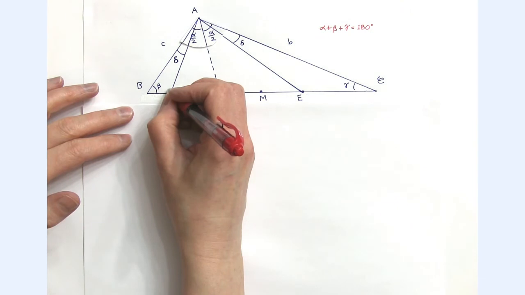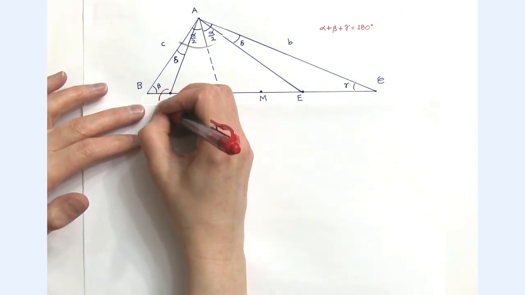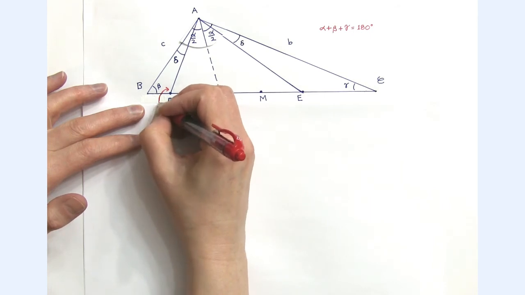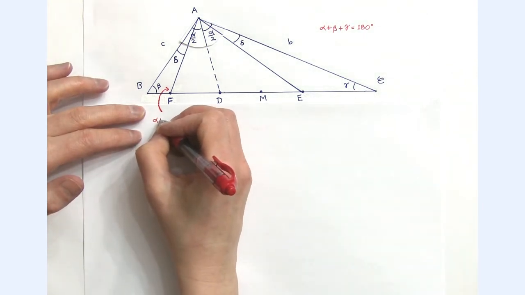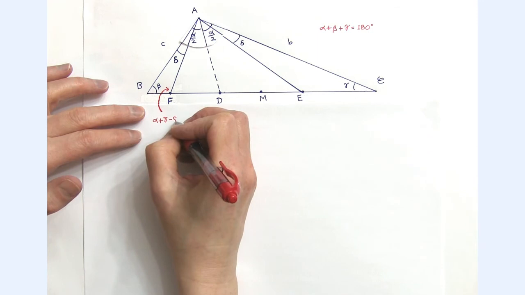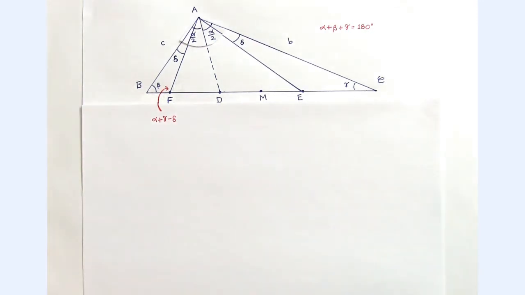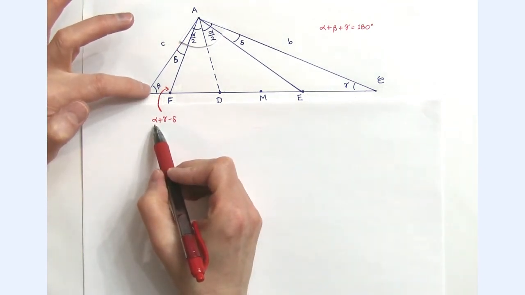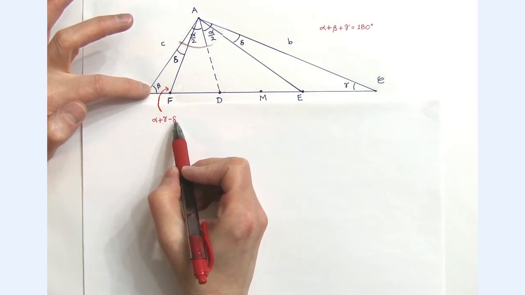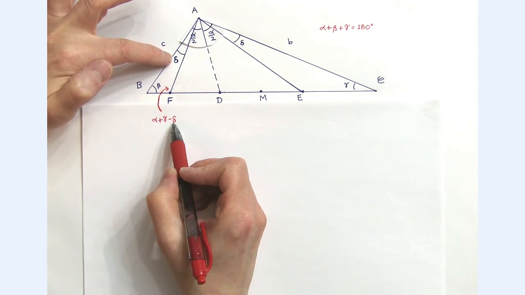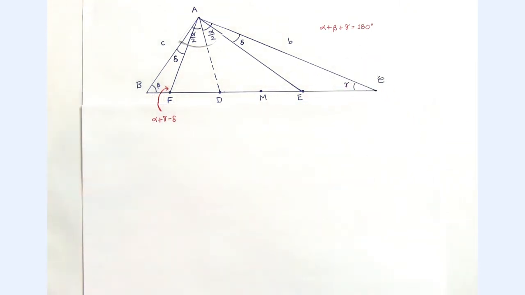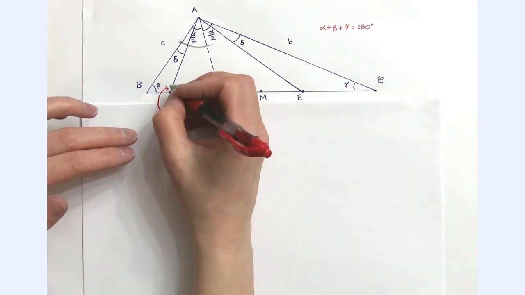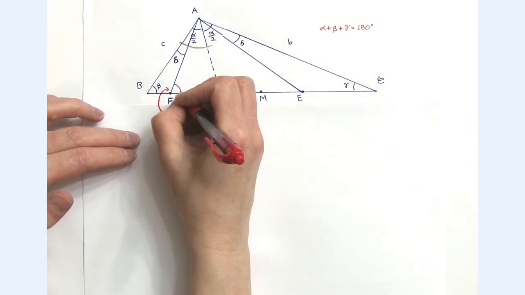So this angle here is alpha plus gamma minus delta, so that when I add these three angles, I get alpha plus beta plus gamma, and minus delta plus delta cancels, which just gives me alpha plus beta plus gamma, which is 180. Now how to calculate this angle?